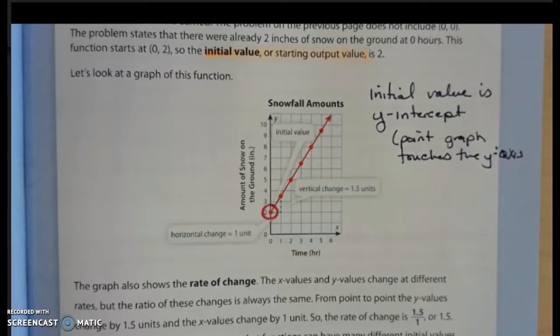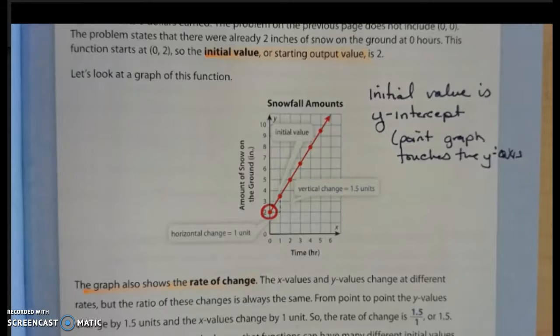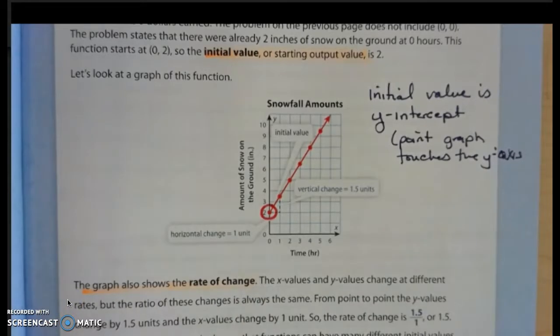Now, the rate of change, they're talking about it down here. The graph also shows the rate of change. And the rate of change is how much your function is changing at each increment. It's like how much snow is falling for each hour of time that passes. It's written as a ratio, and they're going to talk about that down here.